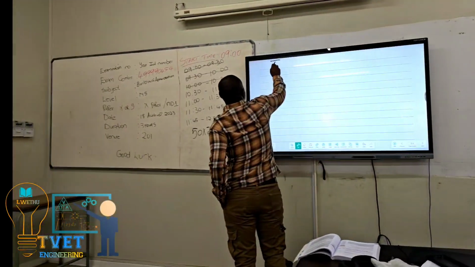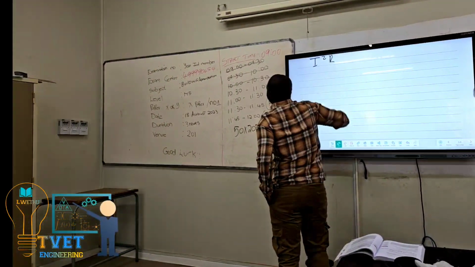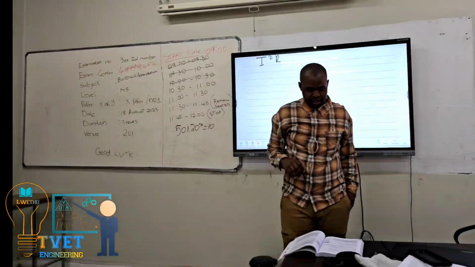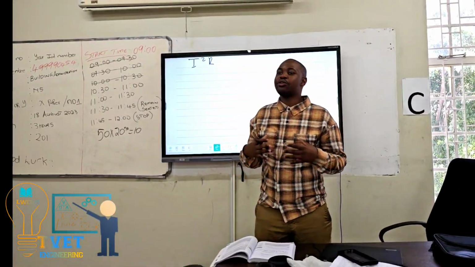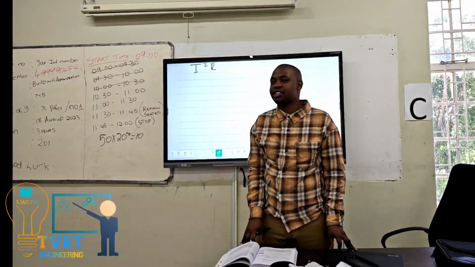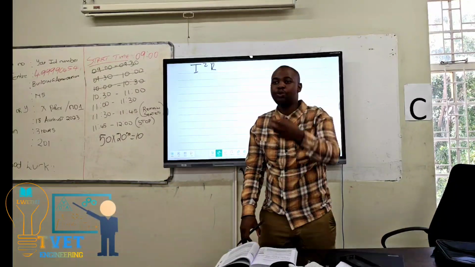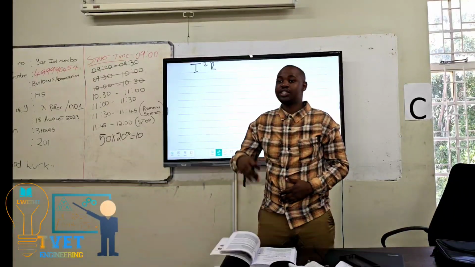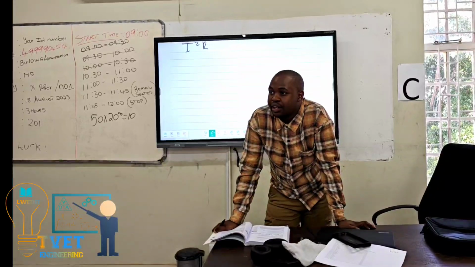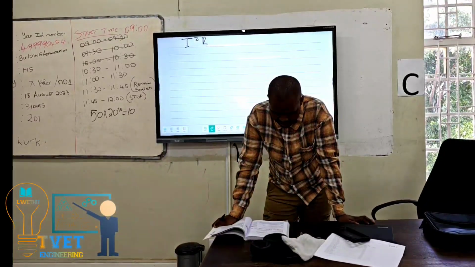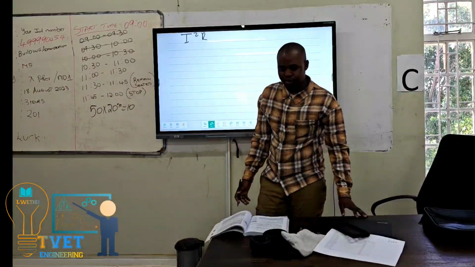Copper loss is I squared R, that is the stator losses. In order to calculate efficiency, we must know the losses. But how does the energy flow?